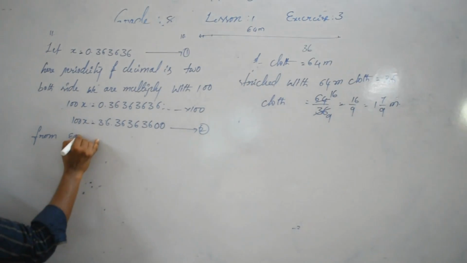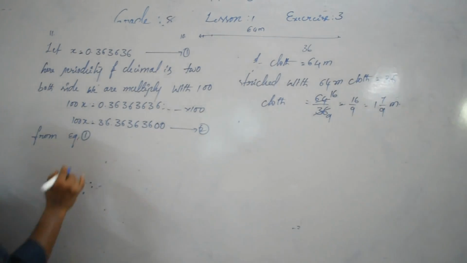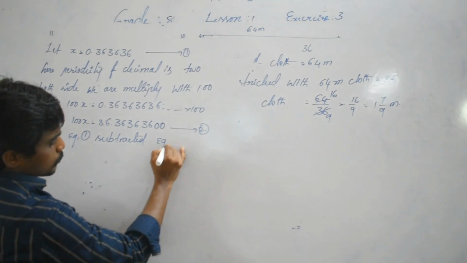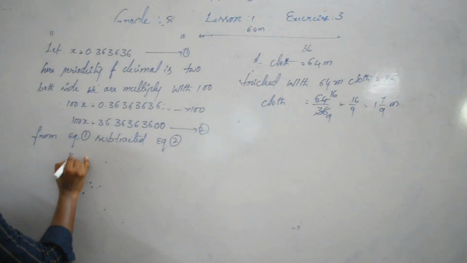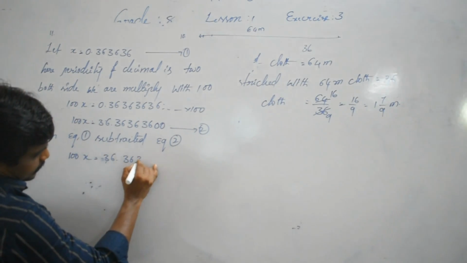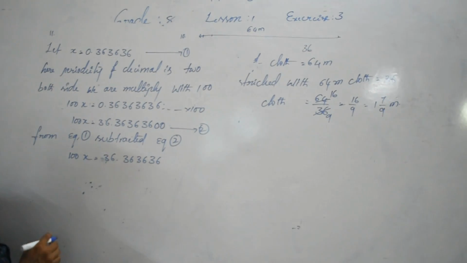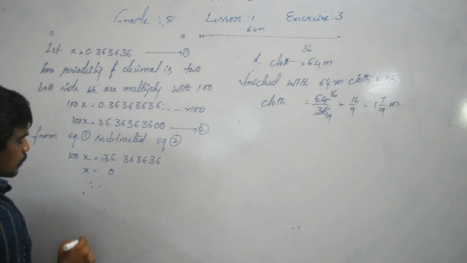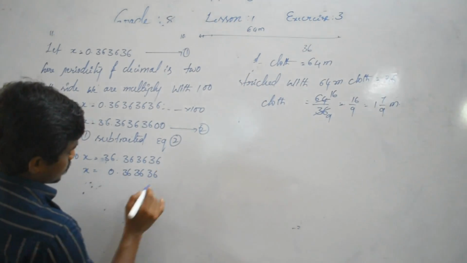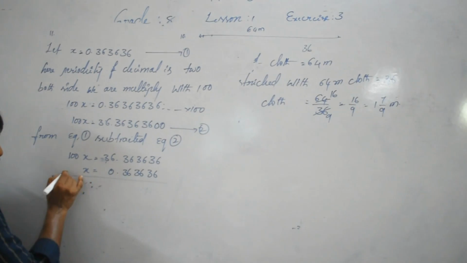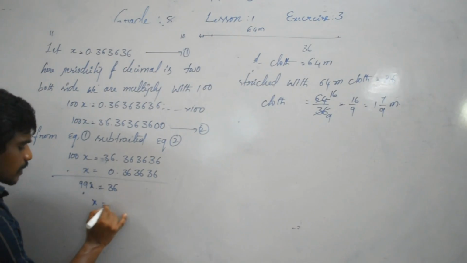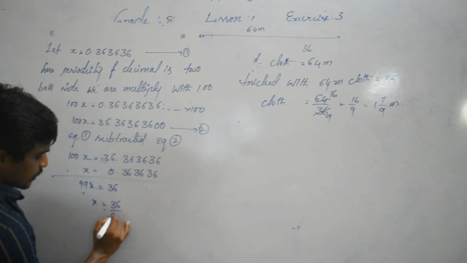From equation 2 subtract equation 1. So 100x minus x equal to 36.363636 minus 0.363636. So 99x equal to 36, x equal to 36 by 99.